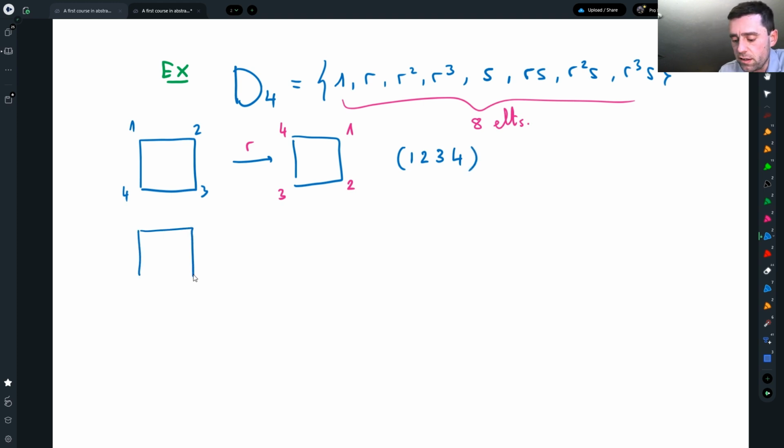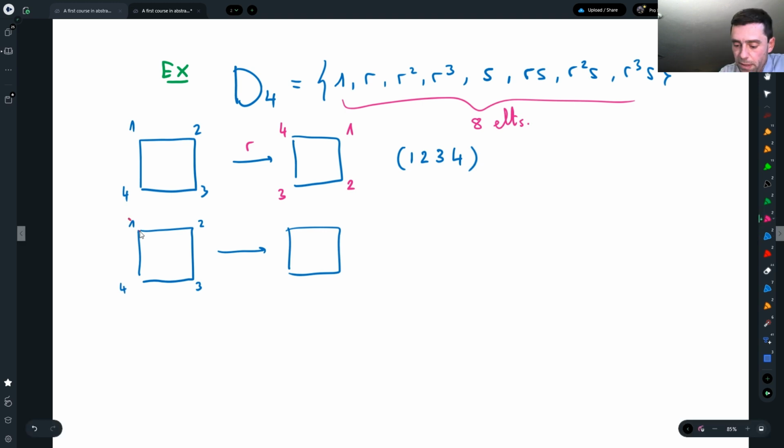Now, what is the one that is given by reflection? So the reflection is about this line, more or less, and then 1 and 3 are going to stay put, and then 2 and 4 are going to switch.